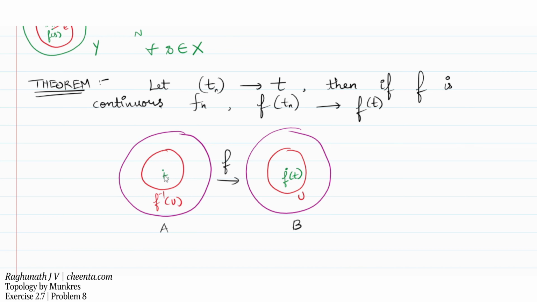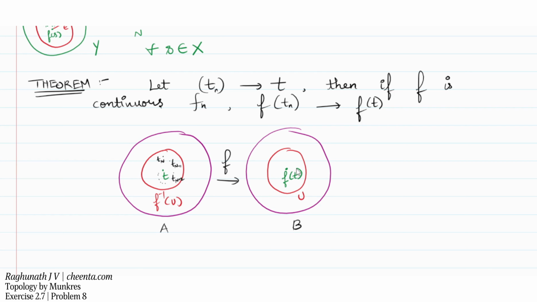By definition of the inverse image. Now, we know that any open set around t will have a value capital N such that tN, tN plus 1, tN plus 2, and so on, all of them belong to this set, right?